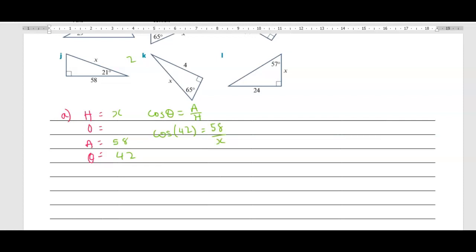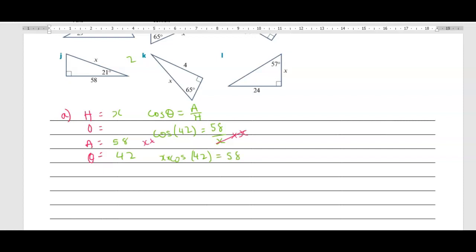So now, see how your unknown is in your denominator? You can multiply both sides by x, which is fine. Actually, I might do that. Let's multiply both sides by x. So that cancels out, and I'm left with x cos 42. I might put a multiply sign there so we don't read it as one whole word, equals 58.